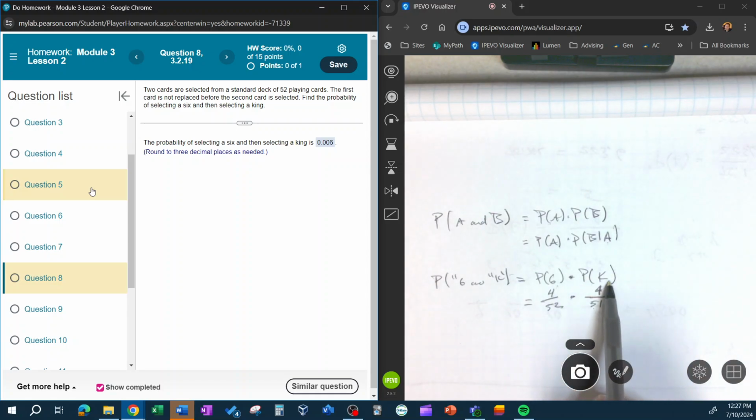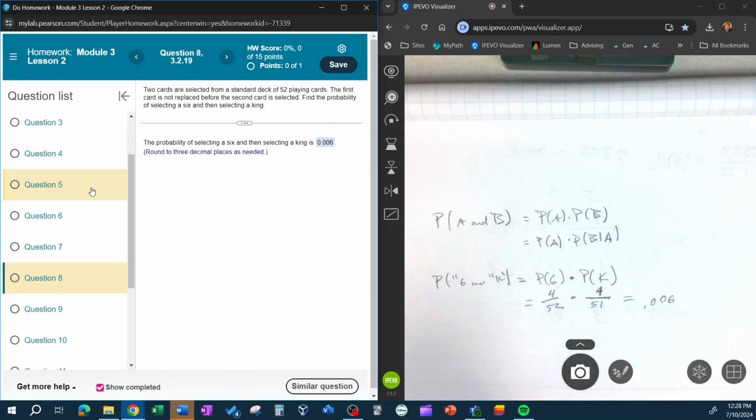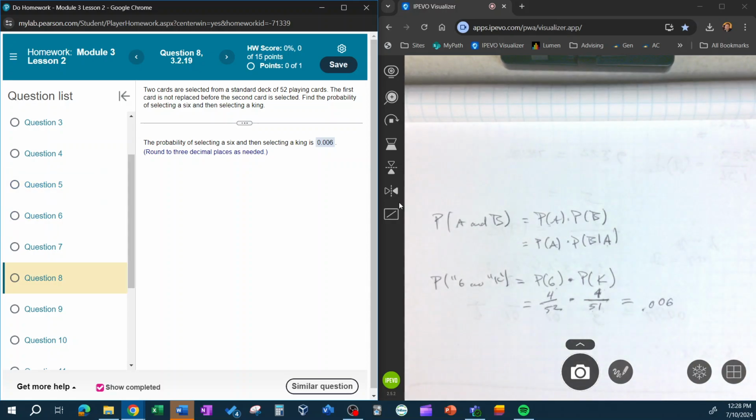The probability of getting a king, given that I already took one out, is now 4 out of 51. If we do the math, 4 times 4 is 16, divided by 52 times 51, is 0.006.